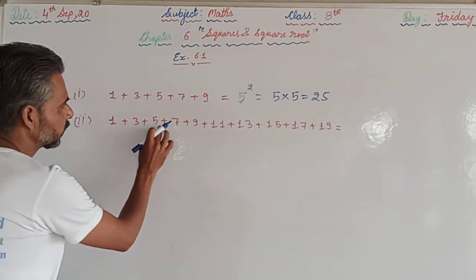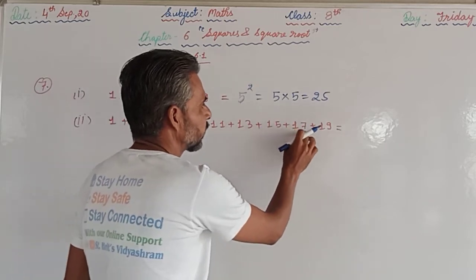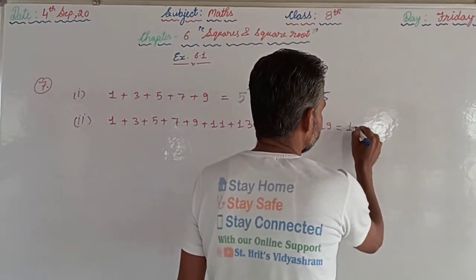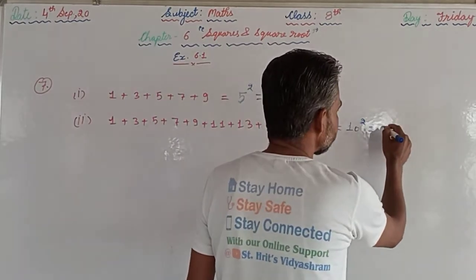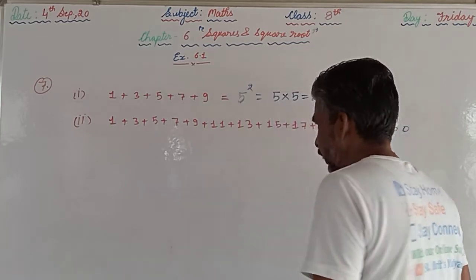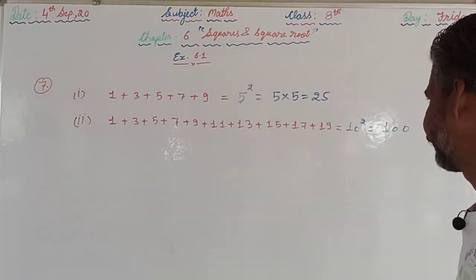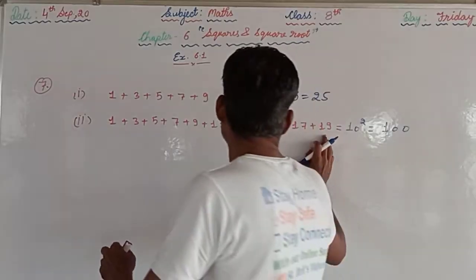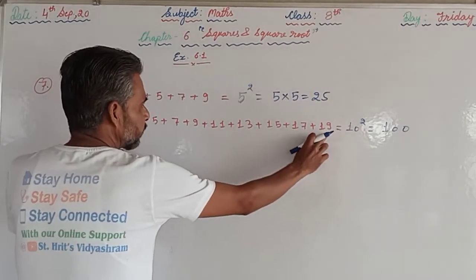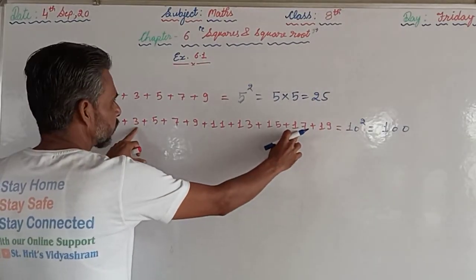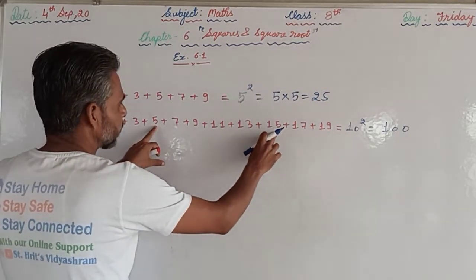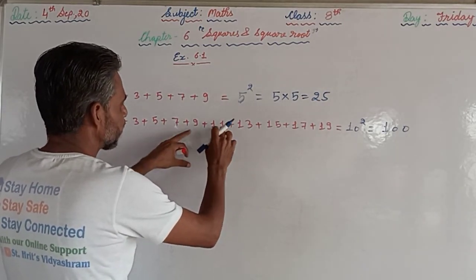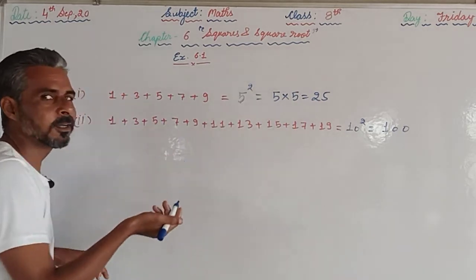So 1 2 3 4 5 6 7 8 9 10, that is 10 square. 10 square means 10 times 10, 100 will be the sum, because we can add 19 plus 1 is 20, 17 plus 3 is 20, 15 plus 5 is 20, 13 plus 7 is 20, 11 plus 9 is 20, 20 into 5 is 100.